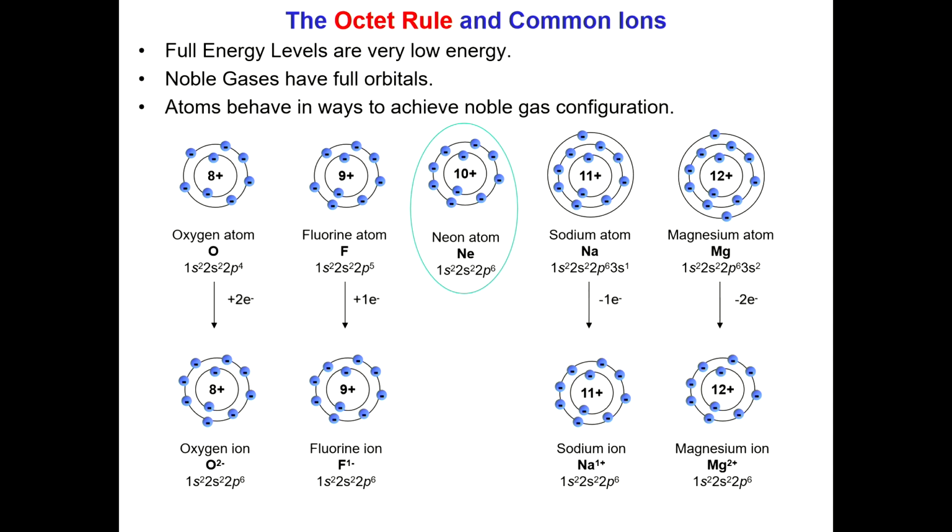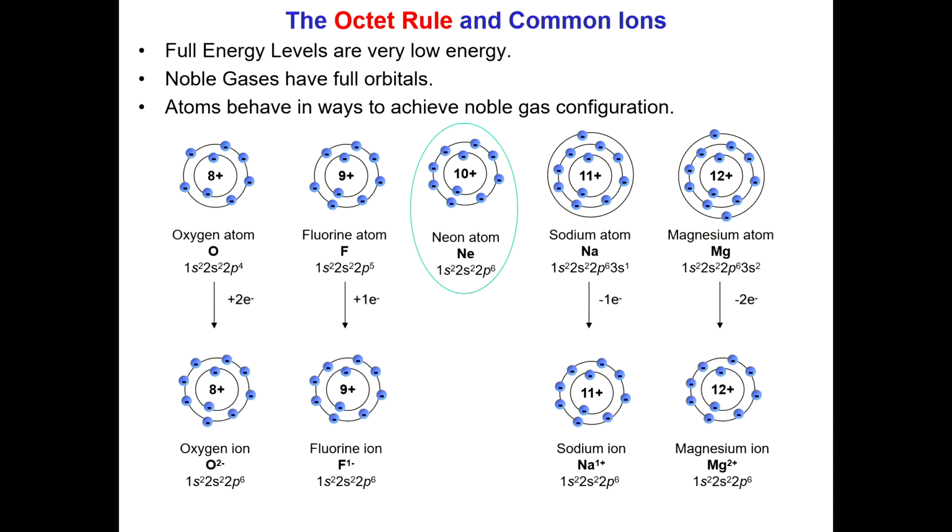So 2p6 is a full subshell. So it is trying to become 2p6. This means it's very easy for the oxygen atom to get 2 electrons from another atom, and then become stable.